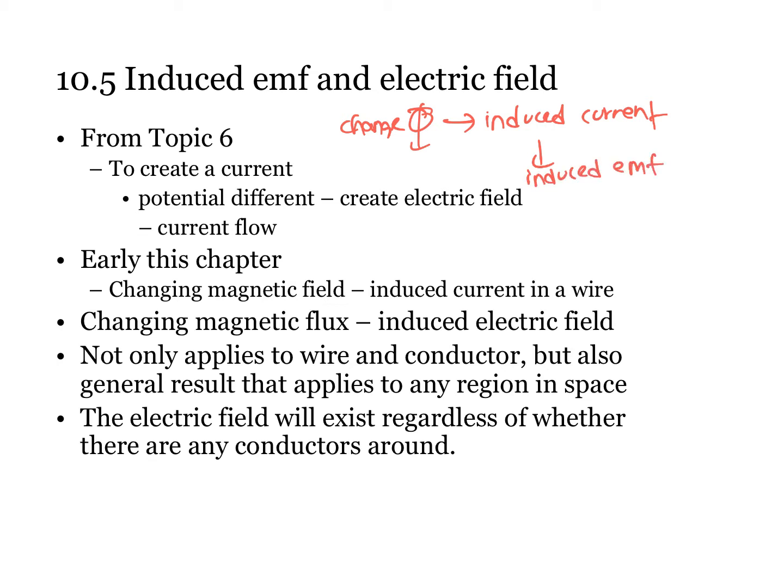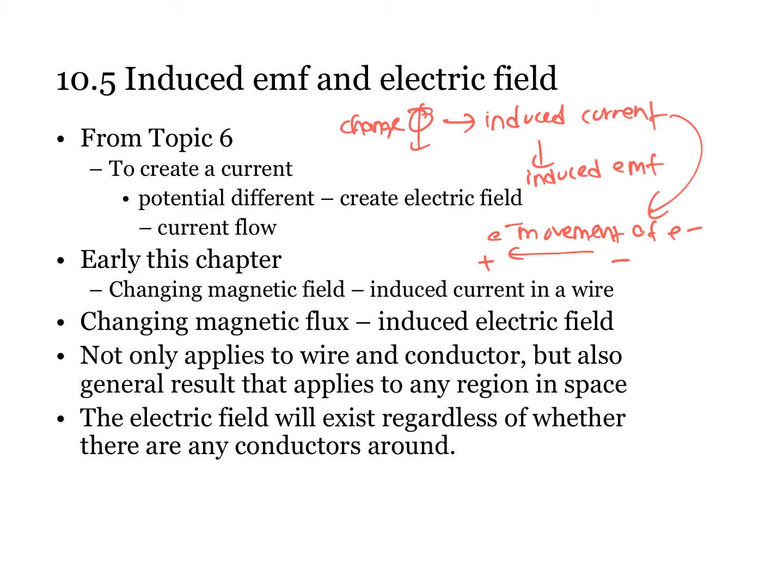You can understand that induced current is the movement of electrons. How do electrons actually move inside the wire? Because there's an attractive and repulsive force inside the wire. So basically, electrons are going to move in this direction.